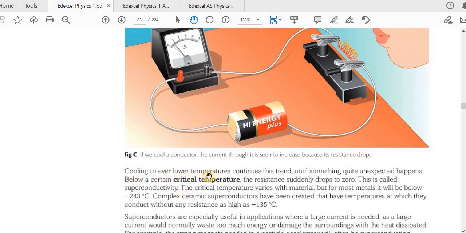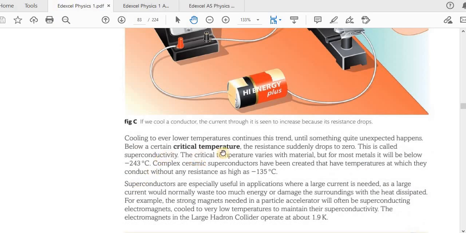Cooling to even lower temperatures continues this trend until something quite unexpected happens. Below a certain critical temperature, the resistance suddenly drops to zero. This is called superconductivity. So you see, that is superconductivity.